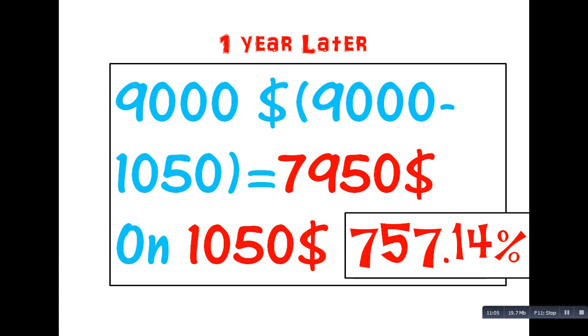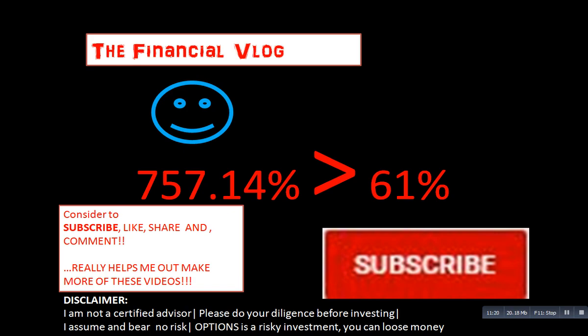So this is approximately 757% gain on the original amount you had invested. And of course, 757% is a lot more than the 61% you would have earned in method one.